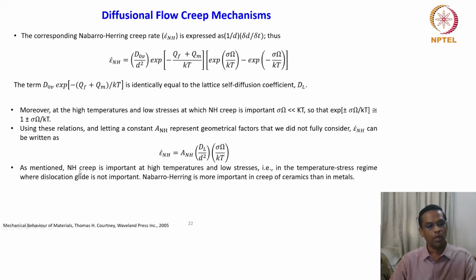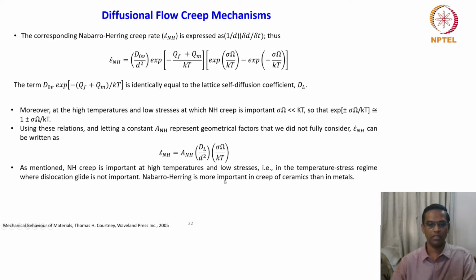As mentioned, Nabarro-Herring creep is important at high temperatures and low stresses, that is, in the temperature-stress regime where dislocation glide is not important. A very important point to note also: Nabarro-Herring creep is more important in creep of ceramics than in metals, because ceramics deform only at very high temperatures, right?